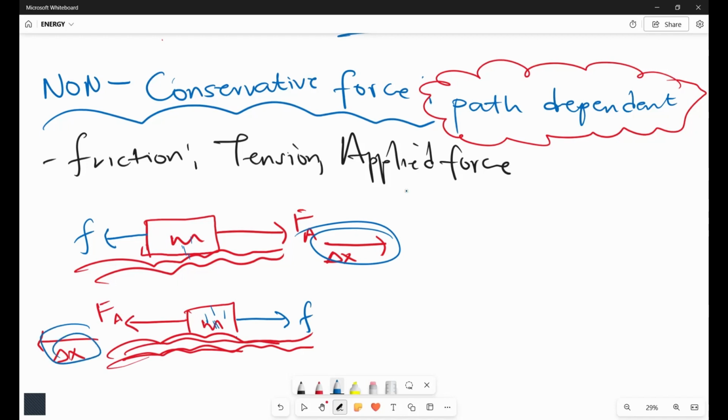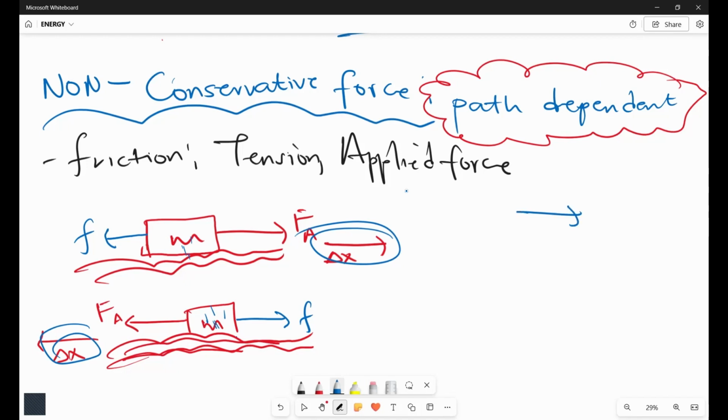This is towards the right, this is towards the left. But look, if I displace my object towards the right, my friction moves towards the left. If I displace my object towards the left, my friction goes towards the right. So my friction is classified under what? Non-conservative force, because it depends on the path taken.